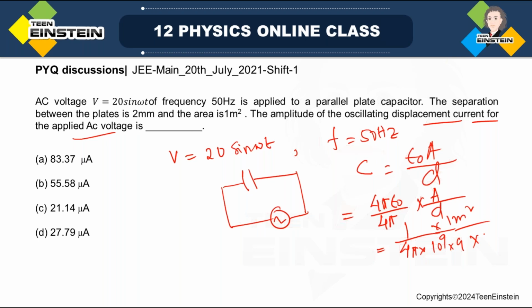And this D is given as 2 millimeter, 2 into 10 to the power minus 3. So from here, if I do the calculation, I will get the C. So what is the value of C? Actually, it will come little bigger in this one with 10 to the power 3.